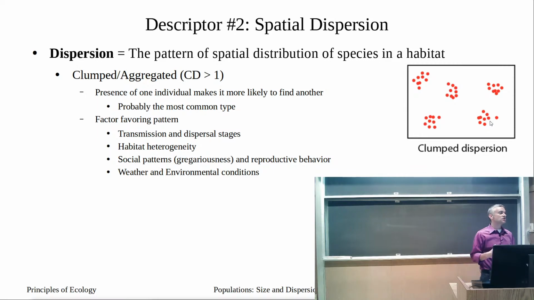Perhaps weather changes and it sets up the habitat heterogeneity, so some areas are better to weather the storm, you can say, and that leads to this clustering. All right, so all these factors contribute to this pattern, and that tends to be the reason why this is the most common dispersion pattern.